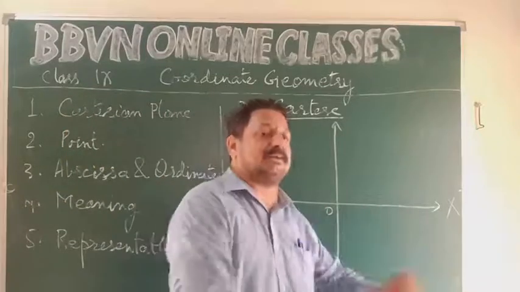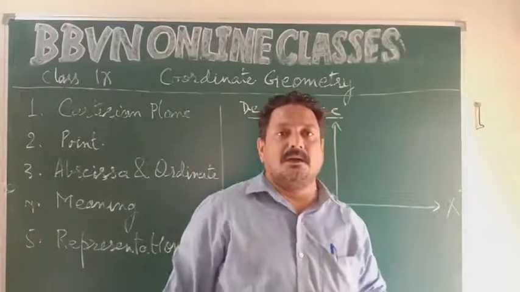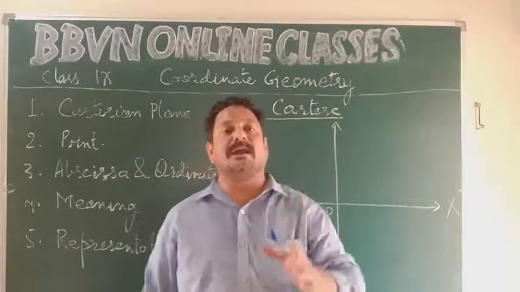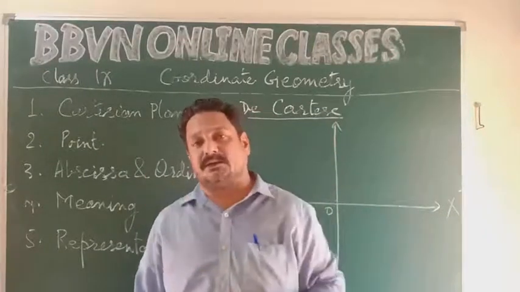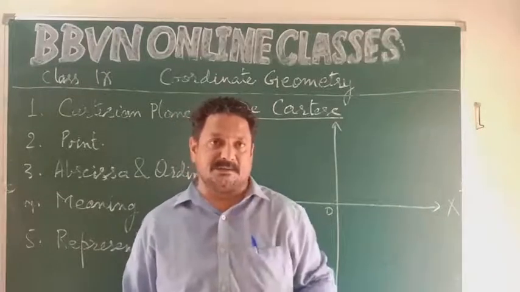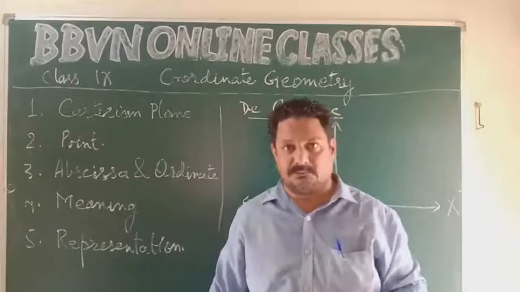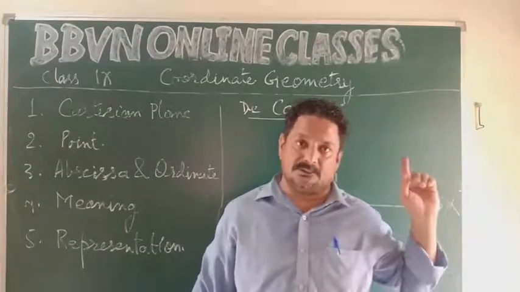Now, why was this system introduced? Suppose you see a lizard on the wall, and if you want to explain the position of that particular lizard to someone, how will you explain? You need two particular dimensions, up or down. That will be explained by the vertical axis.